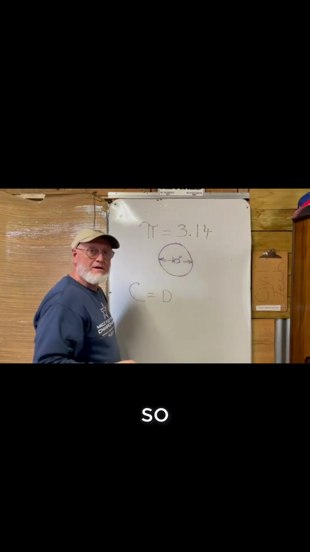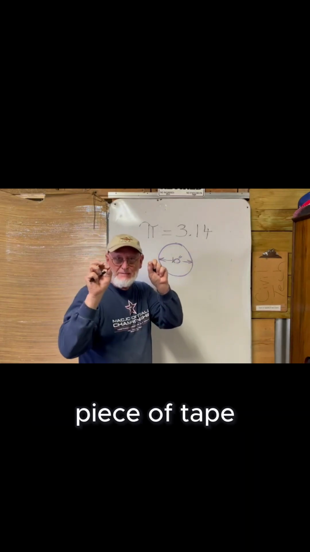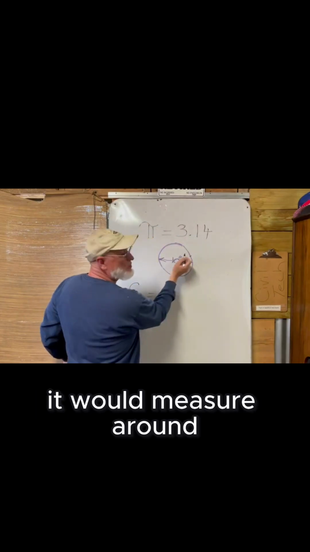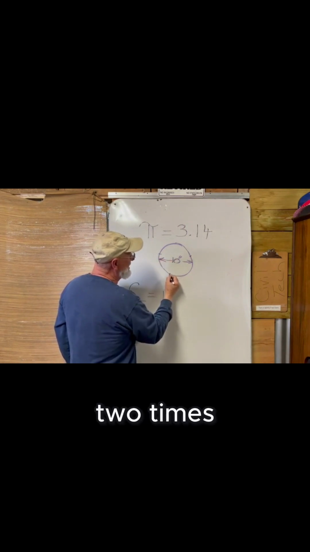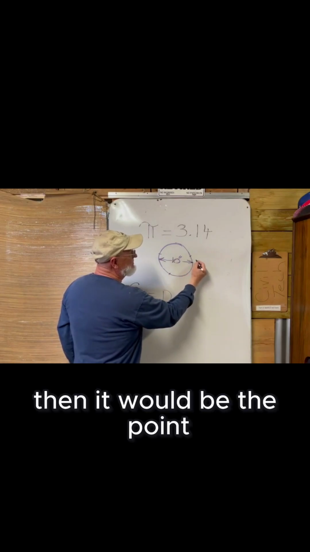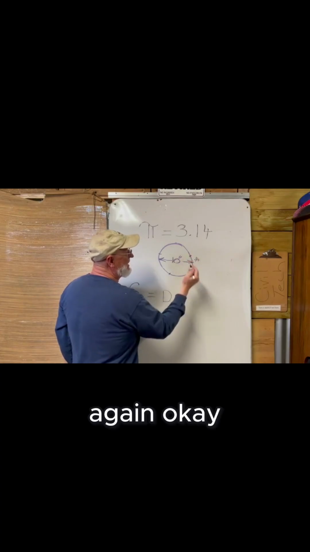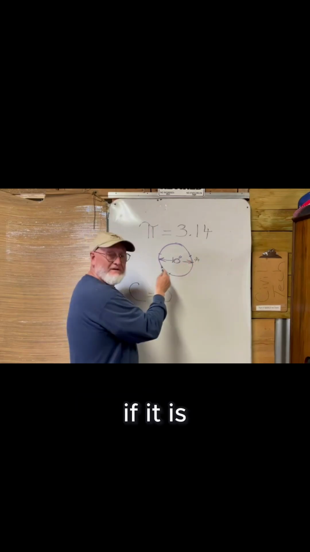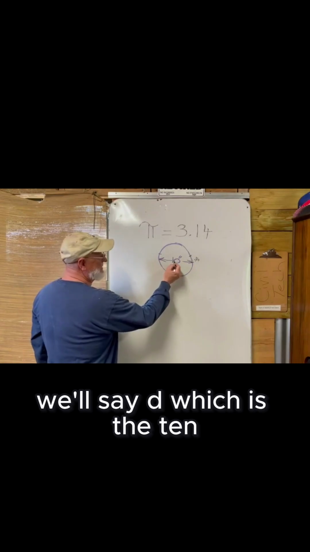So if you took a 10-inch piece of tape, you could measure it around here. It would measure around 1 time, it would measure around 2 times, and it would measure 3 times. Then it would be the 0.14 again.